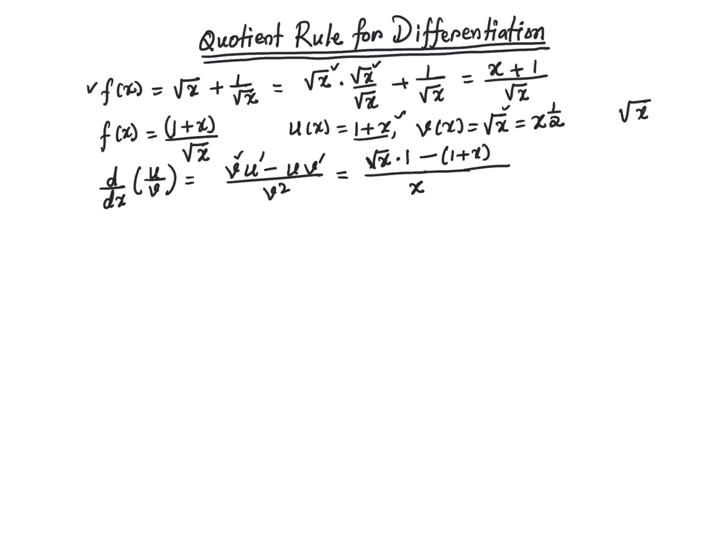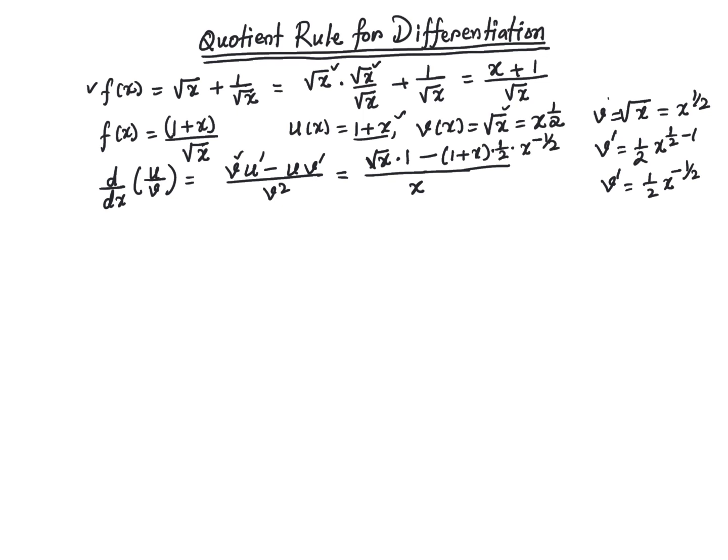Remember, the derivative of square root of x, which is v, is x to the power 1/2. So v prime is going to be 1/2 times x to the power 1/2 minus 1, or v prime is going to be 1/2 times x to the power negative 1/2.